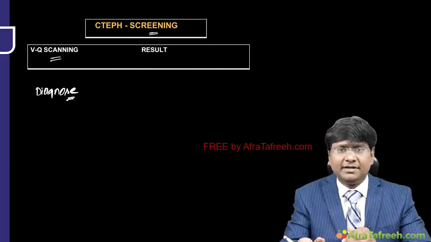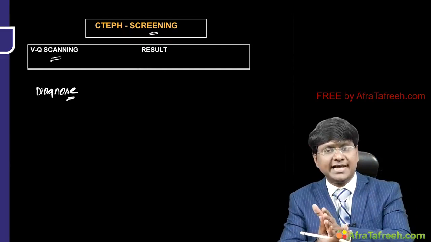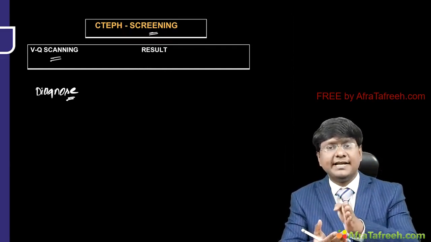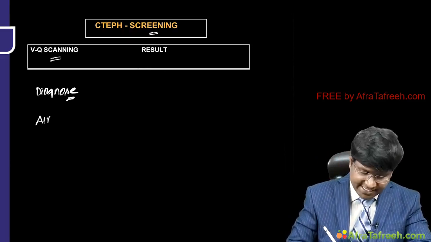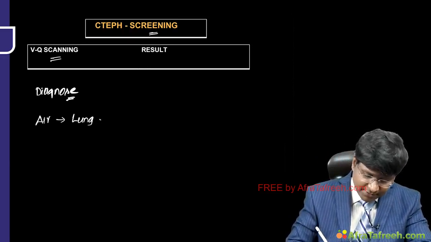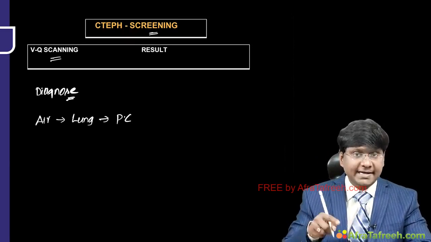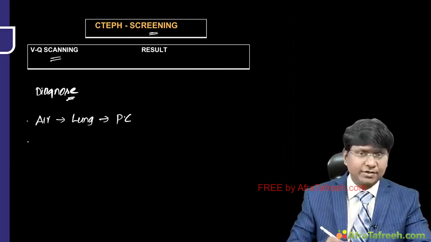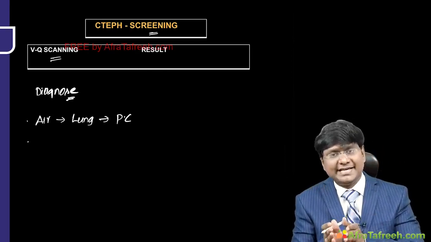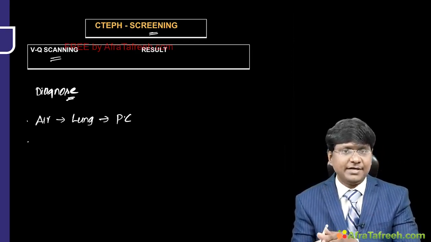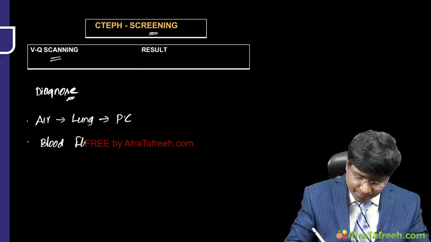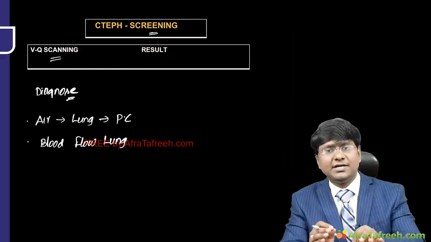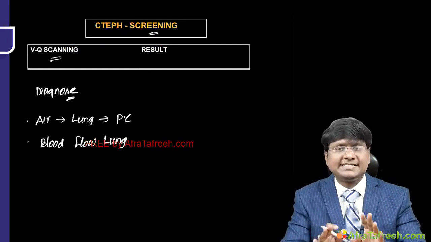So what does this ventilation perfusion scan measure? It is the test that measures the amount of air coming into the lungs, and it also tests the exchange of gases across the pulmonary capillaries, and at the same time it assesses the blood flow to the lungs. So it will assess the blood flow to the lungs and also the exchange of gases.